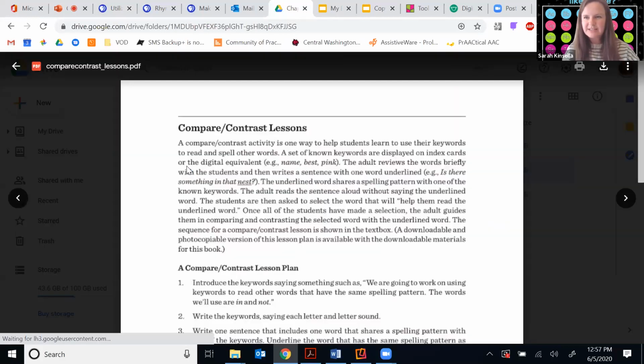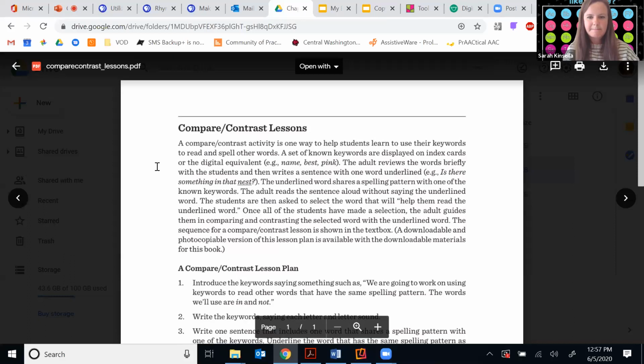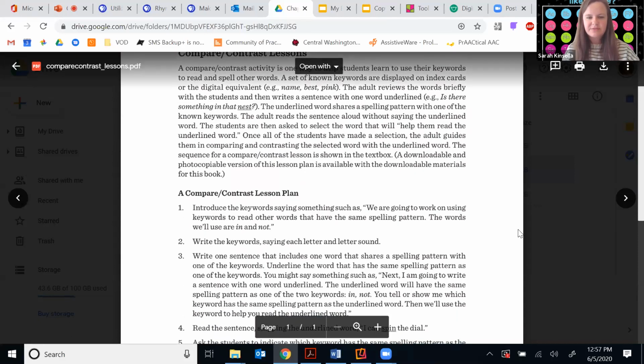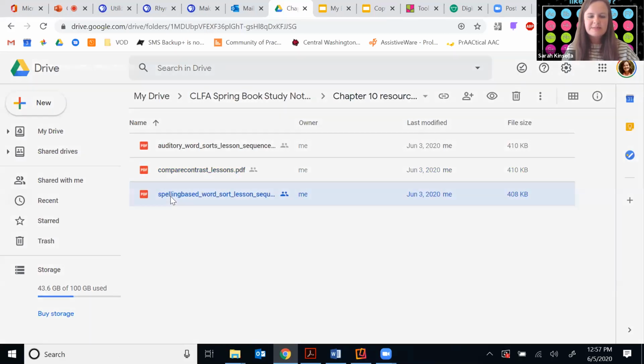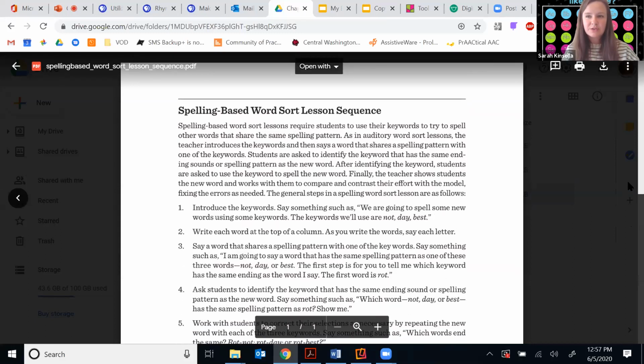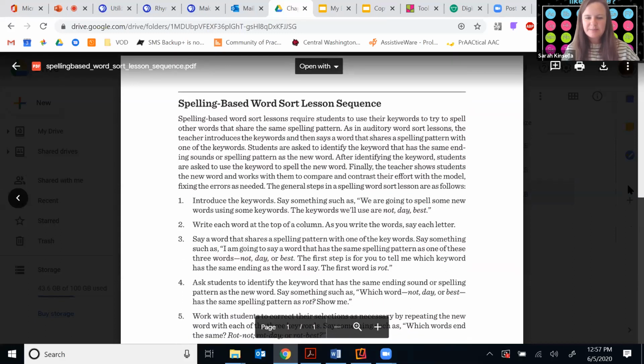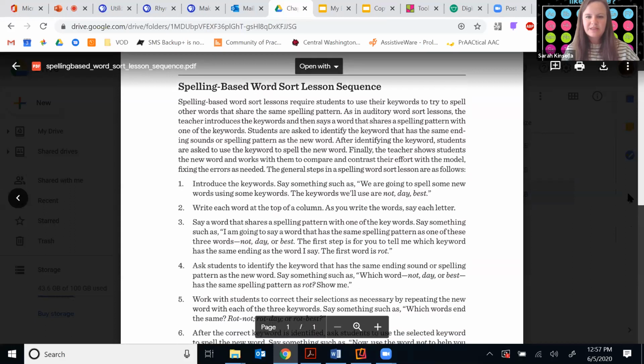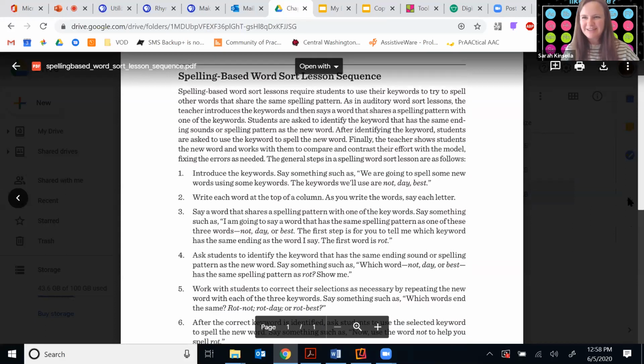There's the compare and contrast lessons, when we're looking at going on your keyword and finding the spelling patterns. And then spelling-based word sorts. They have a lot on word sorts in this chapter. I had to read that part a lot because I got confused about the different types of word sorts and when you might do them. I hope that answers that question.